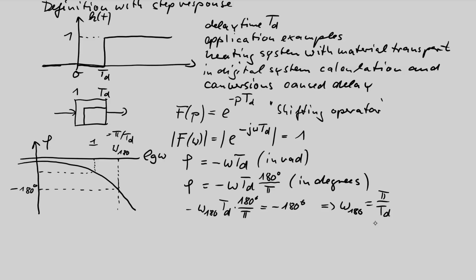Some people also want to know where the 1 over Td point is, how large the phase is here. This is the phi Td value at the corner frequency. In a PT1 this is a corner frequency, of course here there is no corner, but sometimes people like to know the phi Td value.